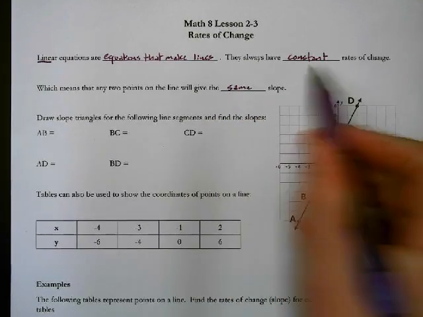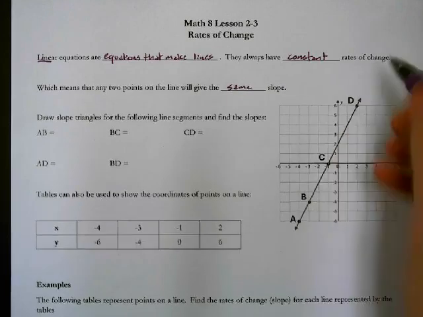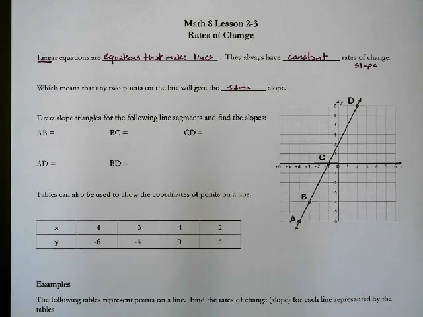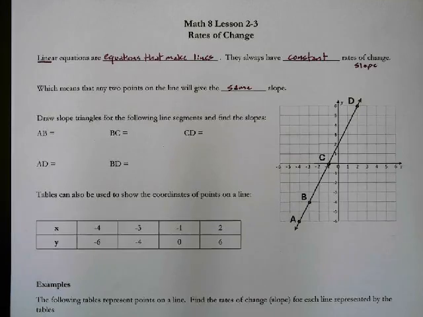So since the rate of change, which is another way to say slope, is constant, that means it doesn't matter which 2 points you pick, you're going to get the same slope. Let's go ahead and prove that out here real quick.